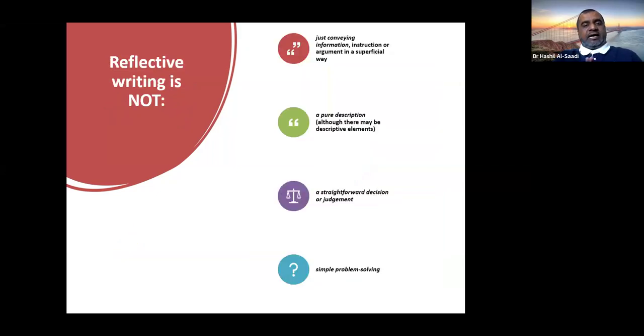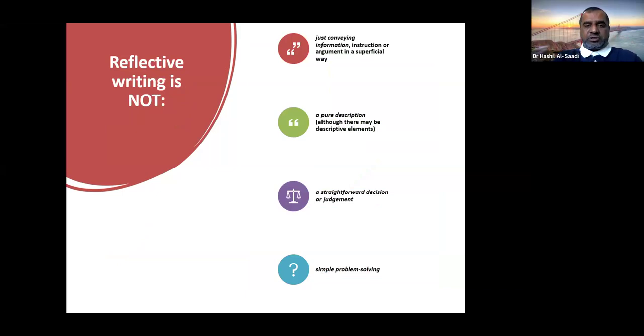Let's look at this now. What is reflective writing not? Reflective writing is not just conveying information. It's not instruction or argument in a superficial way. You are not writing about just any information. It's not our everyday writing.